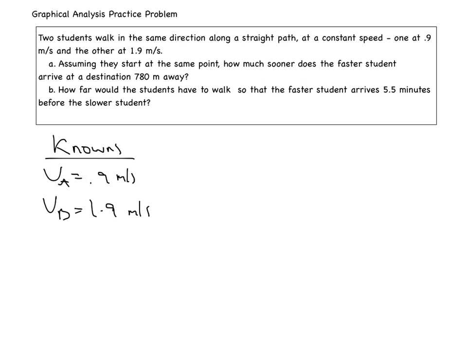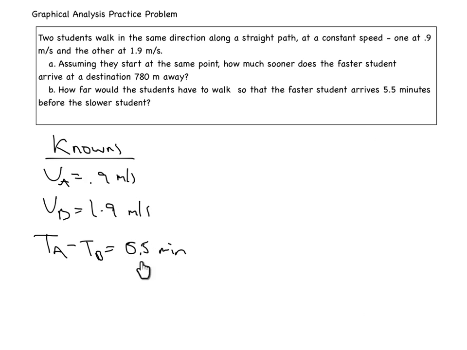But we know that the difference in time from student A to student B should be equal to 5.5 minutes. Now, one thing you'll notice in physics problems is, and this goes back to Unit 1 when we talked about checking your units, notice here the unit of time is in minutes, 5.5 minutes, but here the unit of time is in seconds.